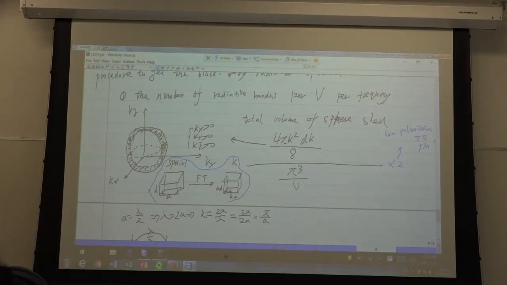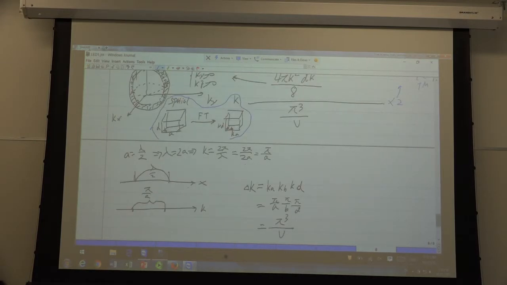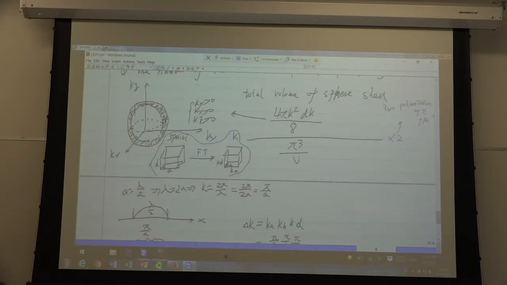Then I simplify this equation: 4 pi k squared dk over pi cubed V, and the 8 over 4 gives 2.